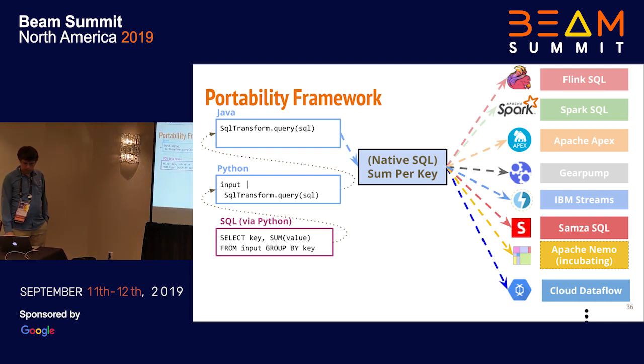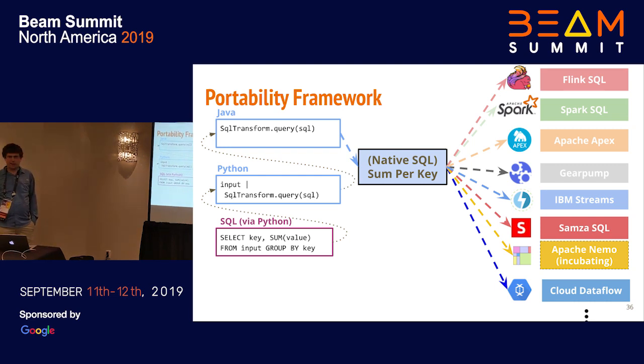The other thing we'd like to do, and there was an earlier talk about this I saw today, is make SQL available from languages other than Java. This is via the expansion service. I think there's a demo of it floating around. But potentially you should be able to write SQL, stick it in your Python pipeline, and have it turn into Java SQL under the hood without you having to write any Java code.